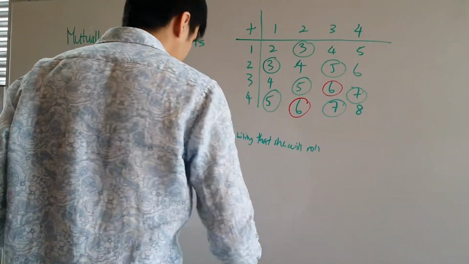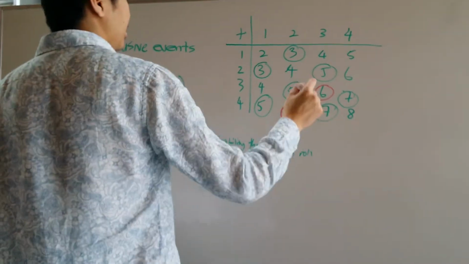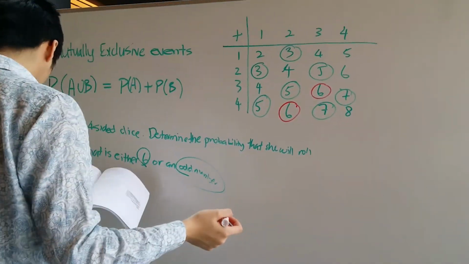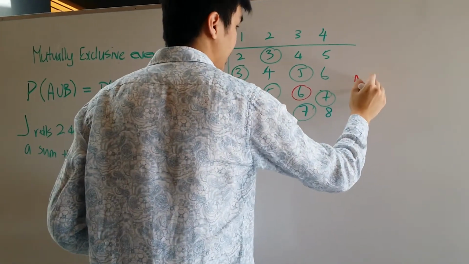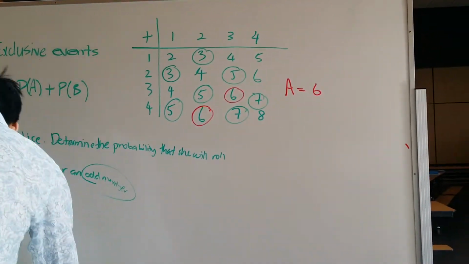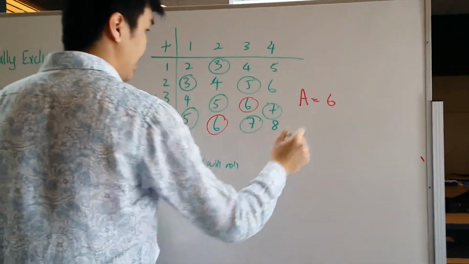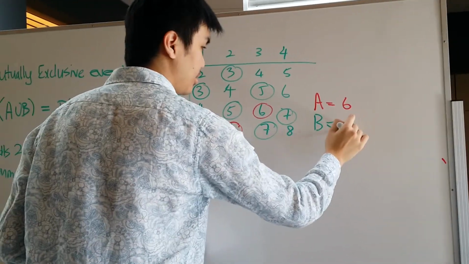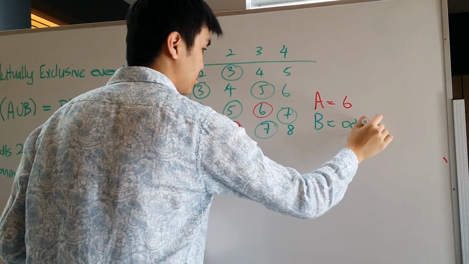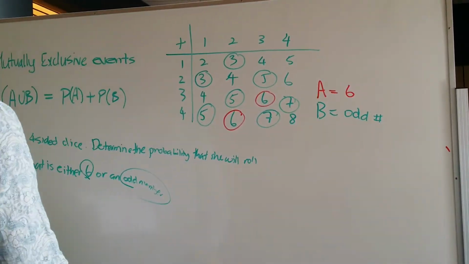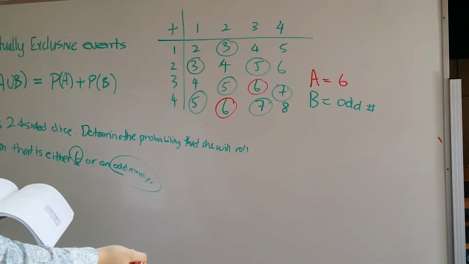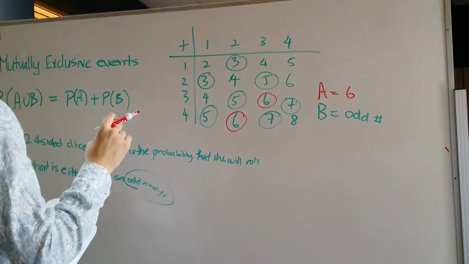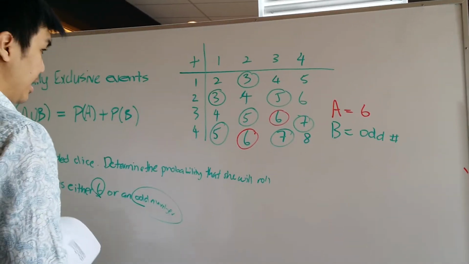In this case, I use A to represent 6, and B to represent the odd numbers. Then, using the formula, probability of A plus probability of B, what is the probability of A?